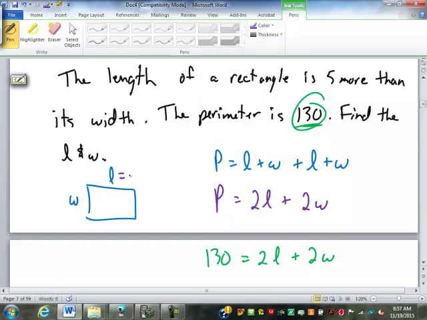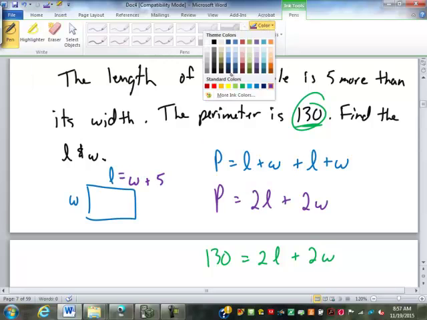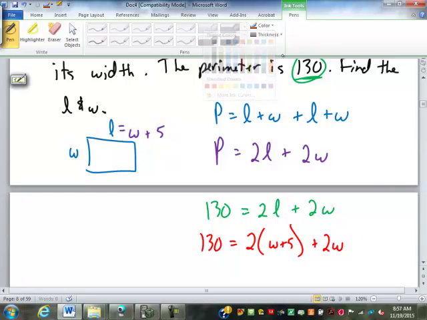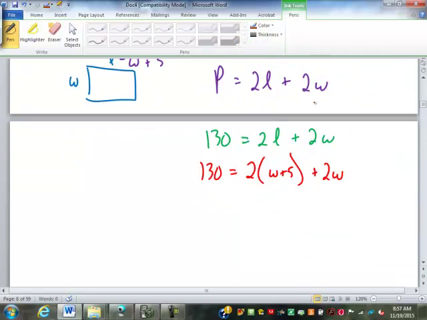We know that the length is 5 more than the width, so the width plus 5. So now in this formula here, length is W plus 5 instead of just L. So replace the L with W plus 5, plus 2W. Now we can solve it.